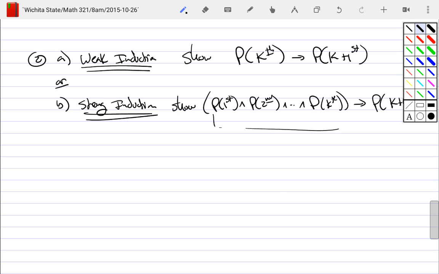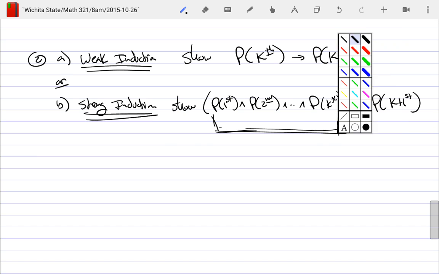Now, you may not need everybody in that group. You might need just a couple of them. You might need one of them out of the middle. You might need just the case, which would mean that's actually weak induction, right? It just simply means that we need some of those. But we assume that they're all true, right? Because this is implication. If it's implication, it's good enough to simply say, let's assume it out, right?